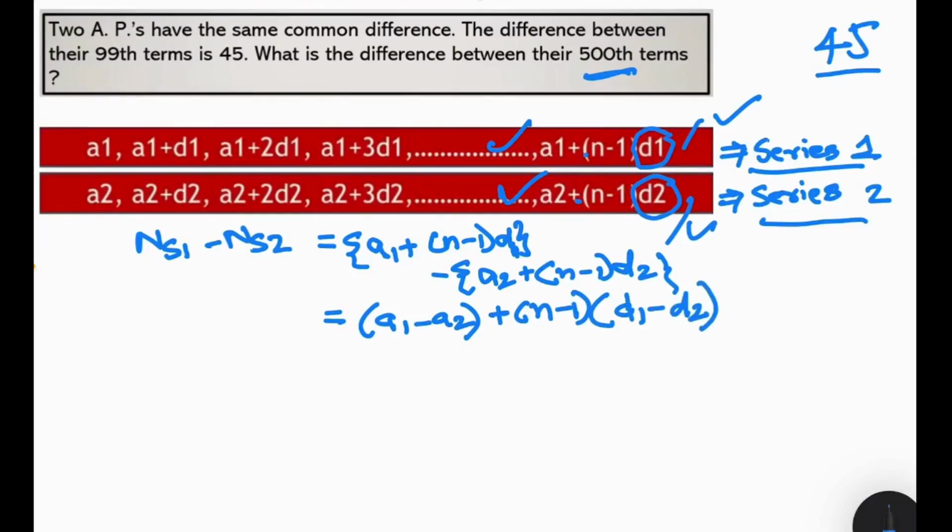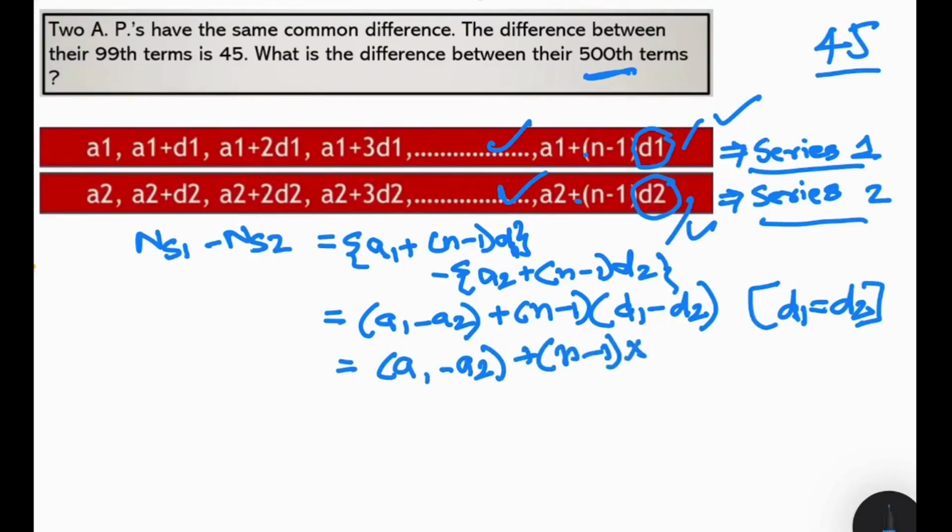यहाँ पे बोल रहा है d1 and d2 are same. d1 equal to d2. Then this expression becomes a1 minus a2 plus n minus 1 multiplied by 0, which is equal to a1 minus a2, which is a constant and does not have n at all in its expression.